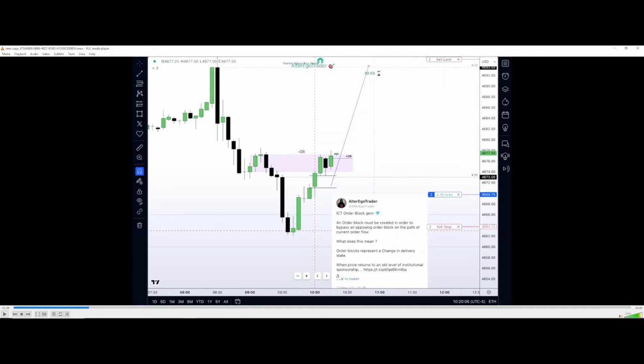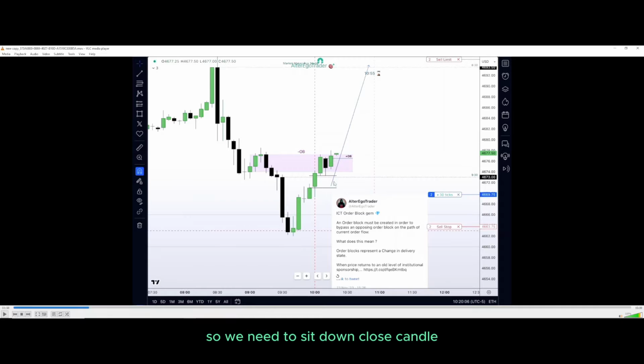Basically I said an order block must be created in order to bypass an opposing order block on the path of current order flow. In this case, current order flow is bullish, and this is a bearish order block. What I was saying is, we should create a bullish order block in order to go through this old bullish order block, right?